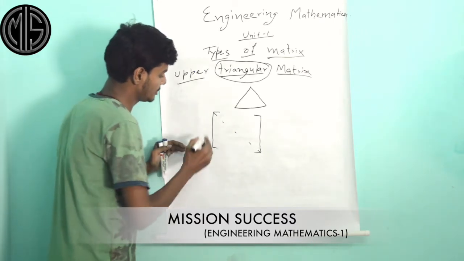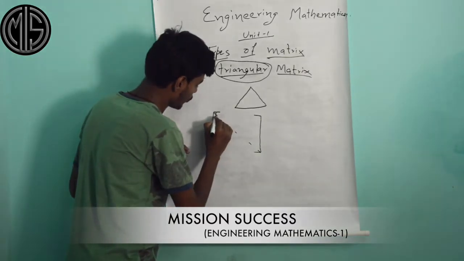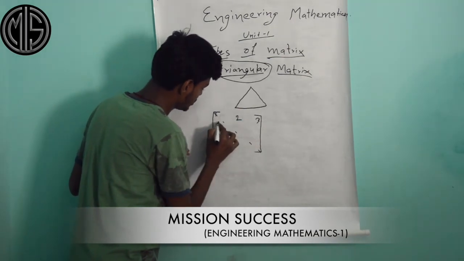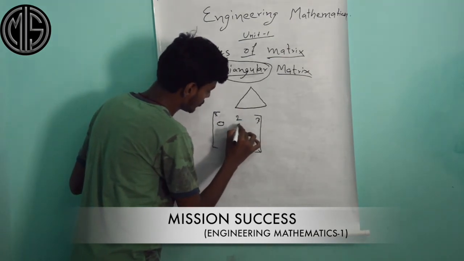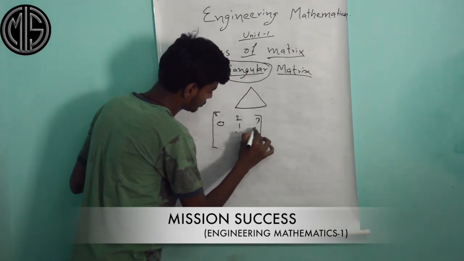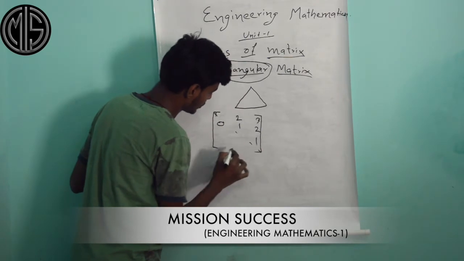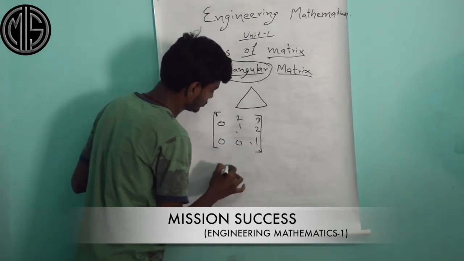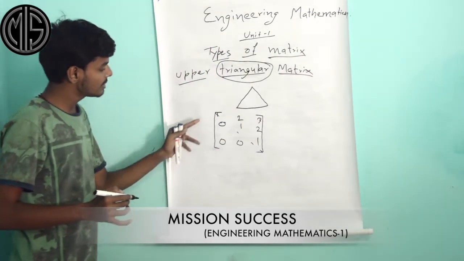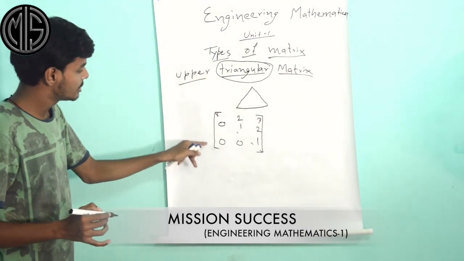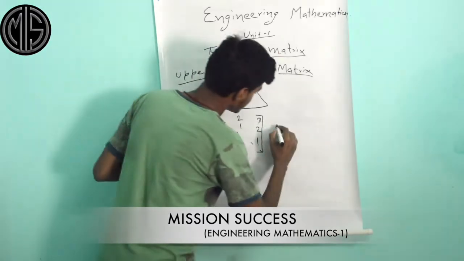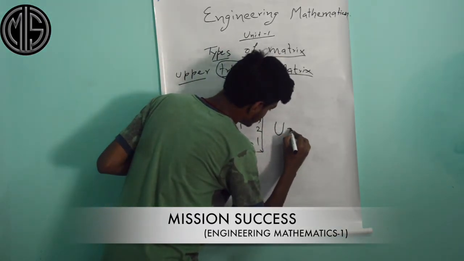We can see examples like 1, 2, 3, 0, 1, 2, 1, 0, 0. This is called an upper triangular matrix. We can write it like this also in symbolic form.